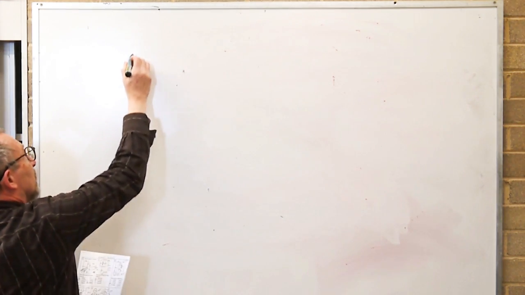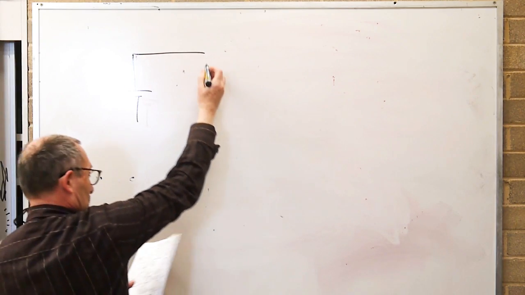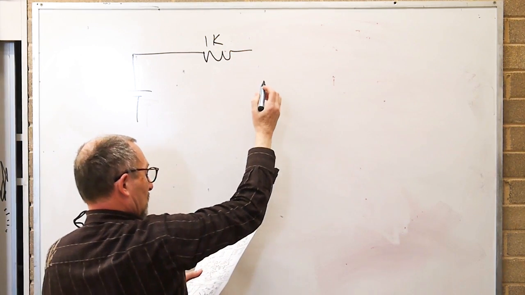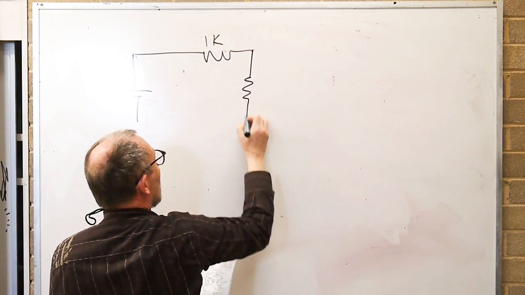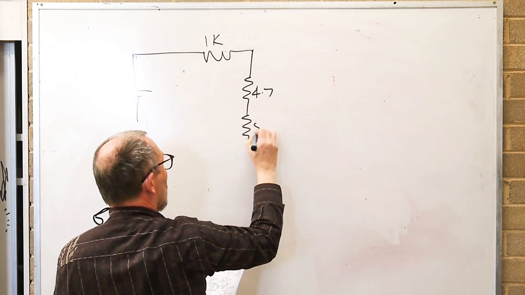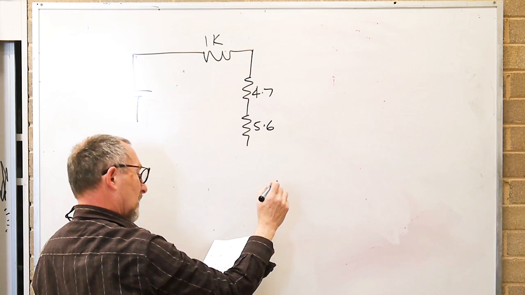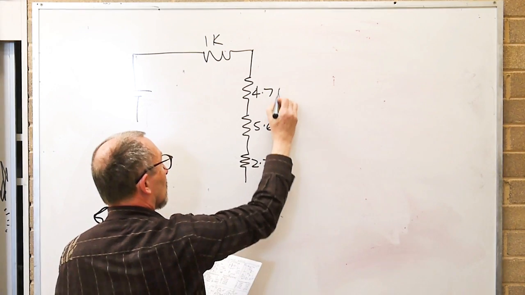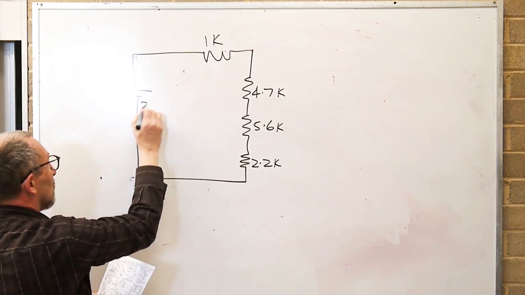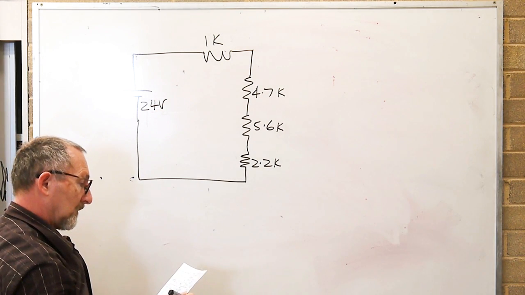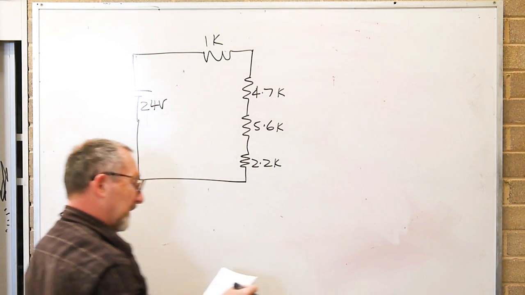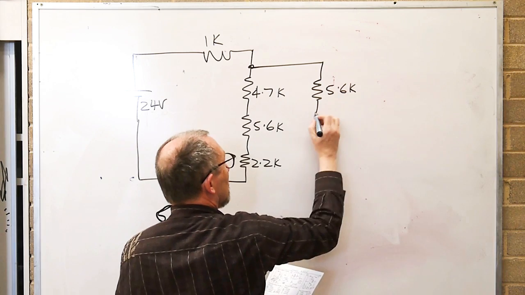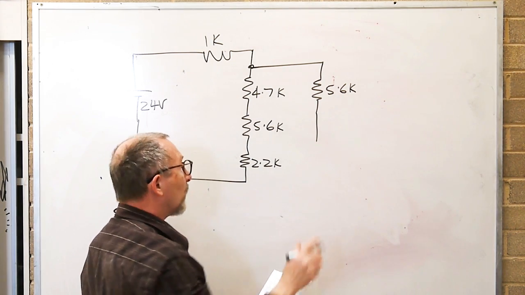All right, the next question, 24 volts. 1K, 4.7, 5.6, 2.2. And then we've got in parallel with that a 5.6K and a 3.3K.